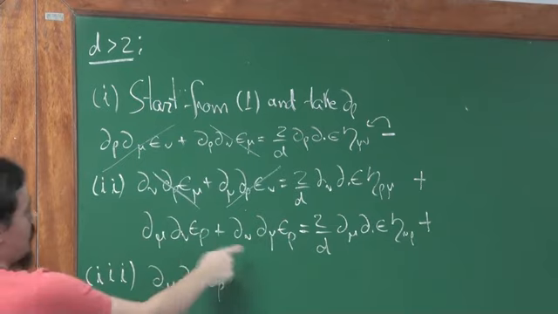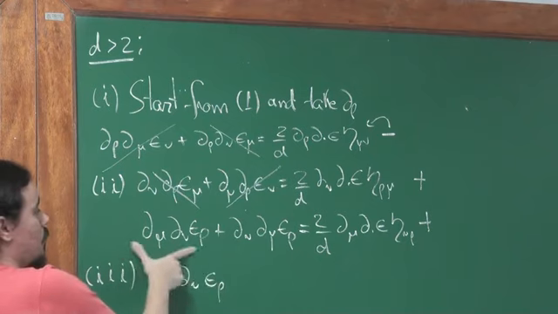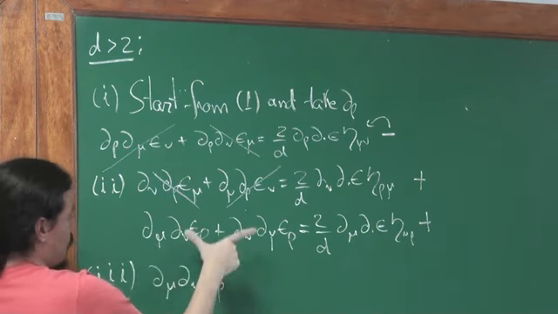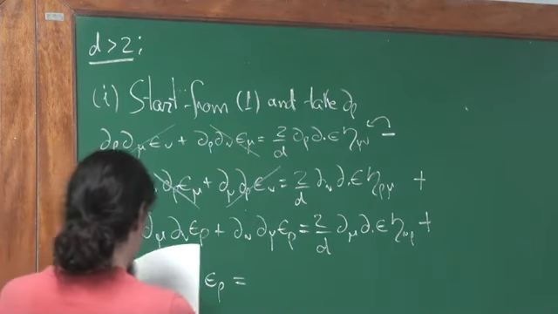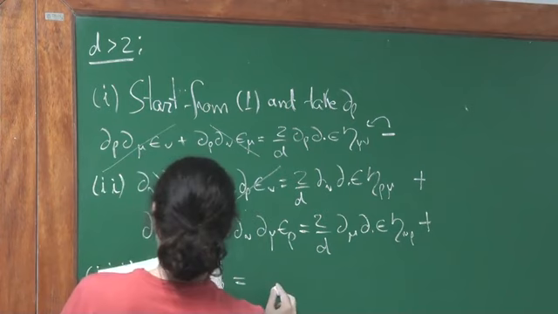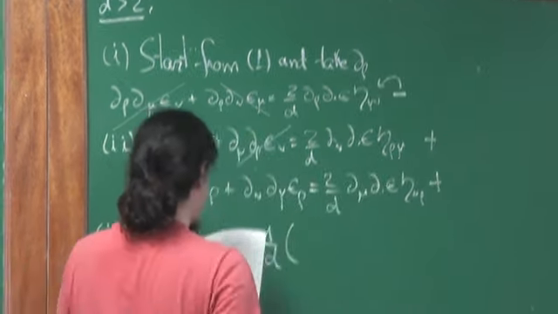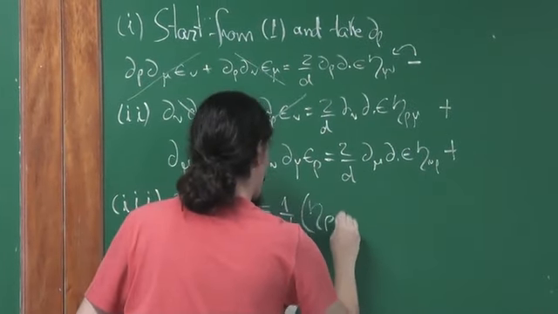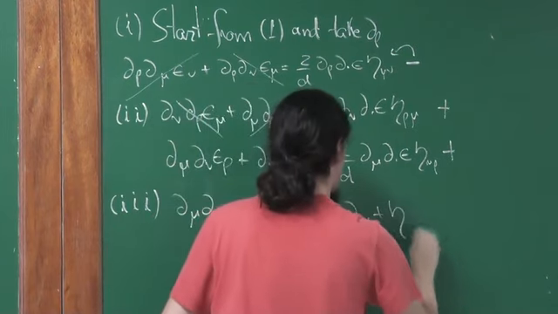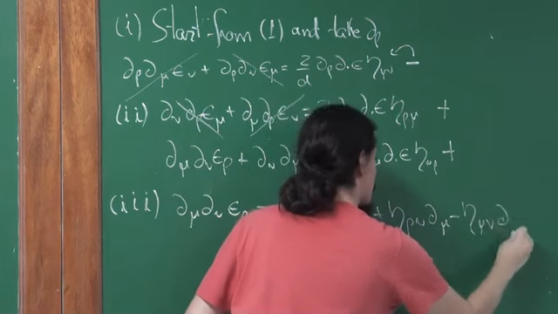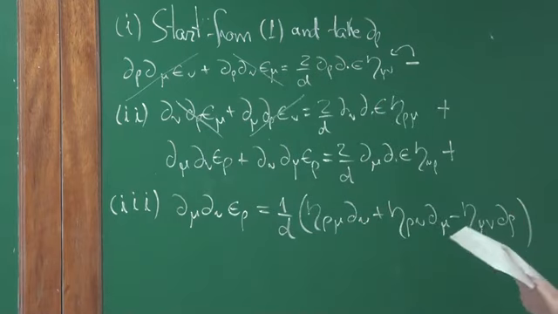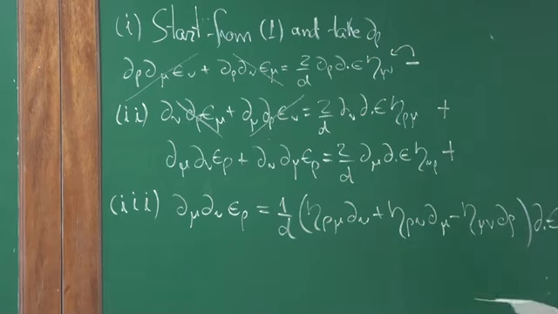So we end up with 2 times these guys, because I have nu here. So I end up with 2 times this guy, and from the other side of the equation you have 2, so the 2 cancels, and we end up with 1 over d. We end up with this equation, and we'll save this equation for now.